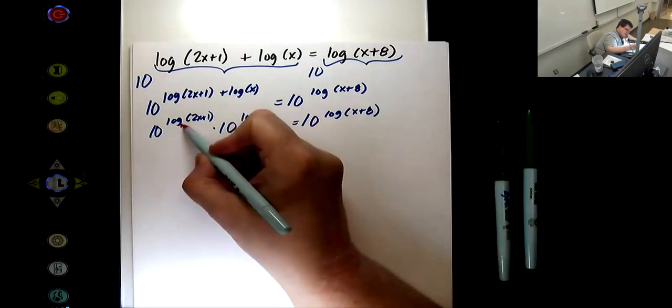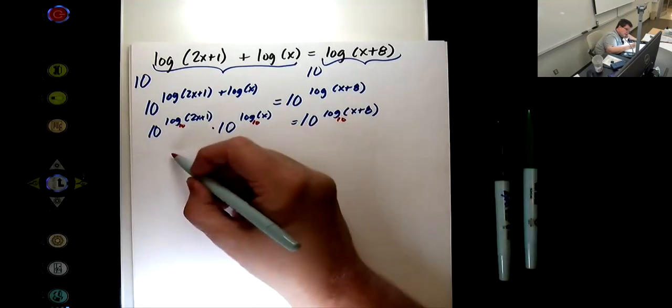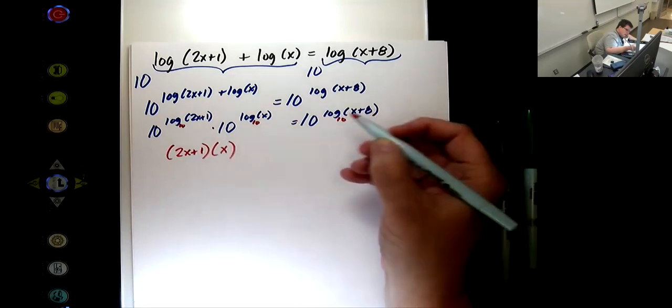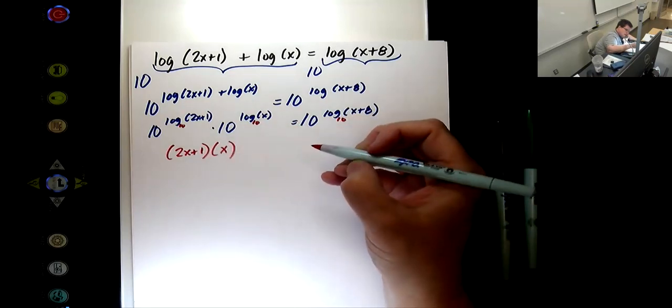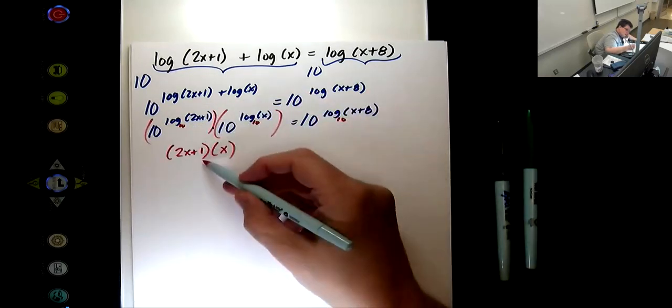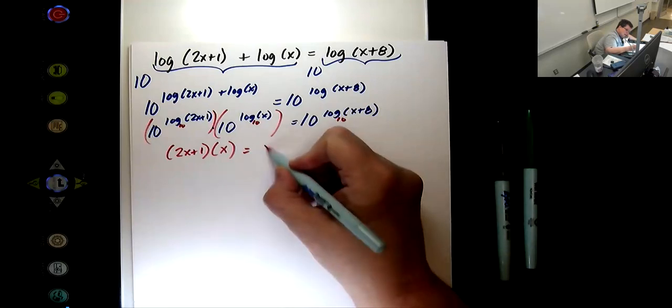So each of these has an invisible base 10, and the 10 and log base 10 cancel out, and we just have the exponents. And this is multiplied by that. So we have 2x plus 1 times x, and on the right side, we have x plus 8.